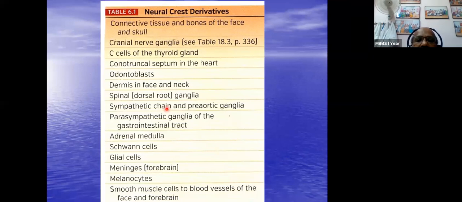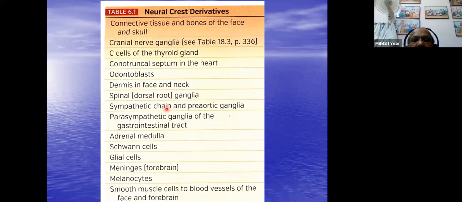Dermis in the face and neck: note that in skin development, the epidermis is from ectoderm and the dermis is from mesoderm. But for the dermis of the face and neck, there is a contribution from the neural crest cells.